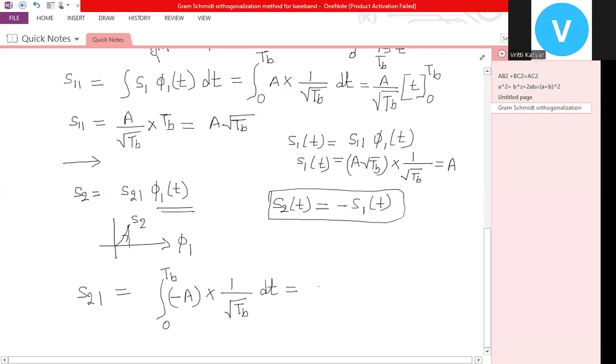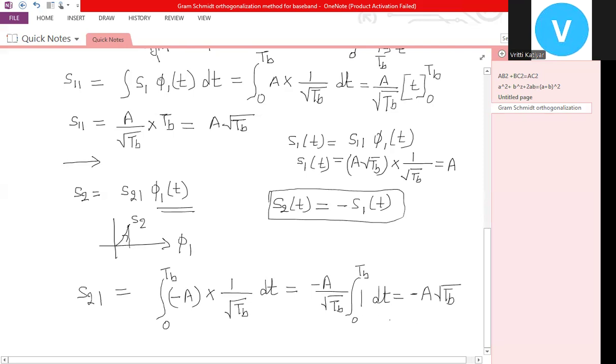This is further written as minus A by root Tb outside, and the integration again between the interval 0 to Tb, and it is minus A root Tb.